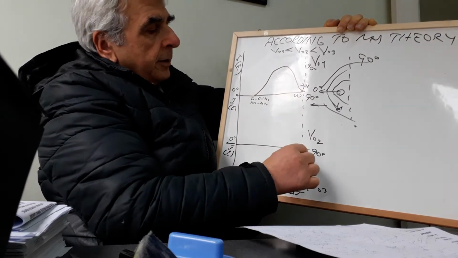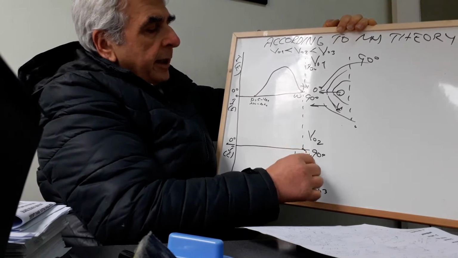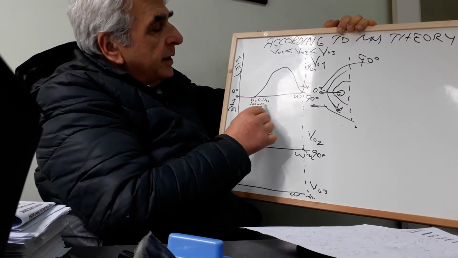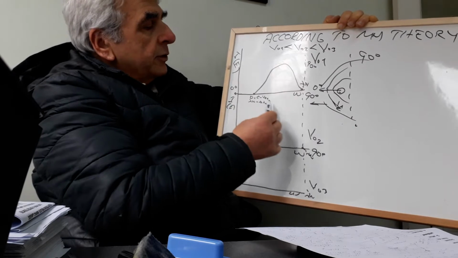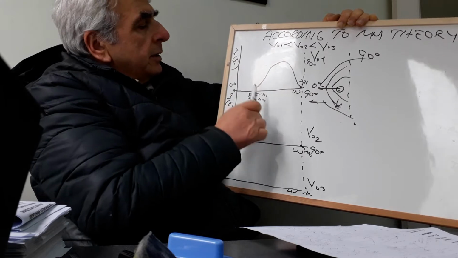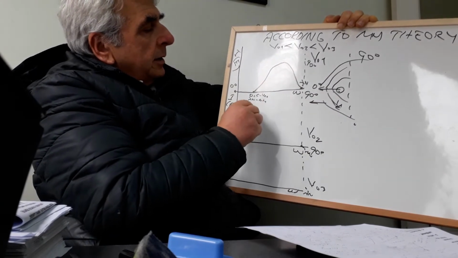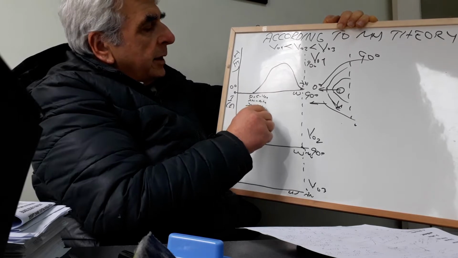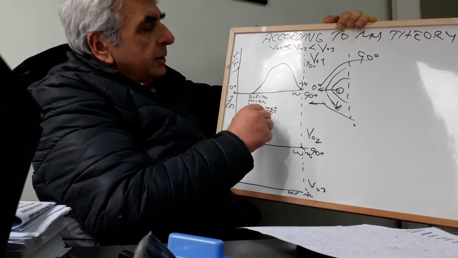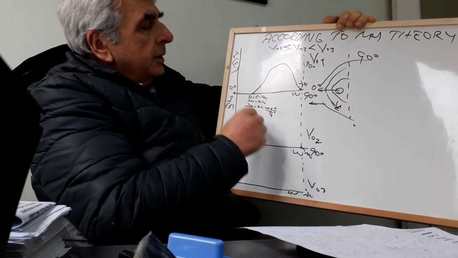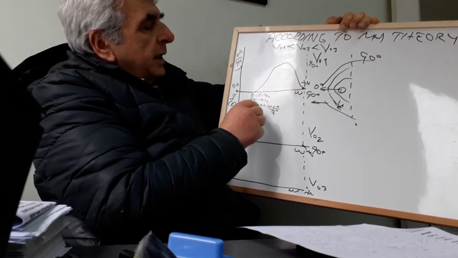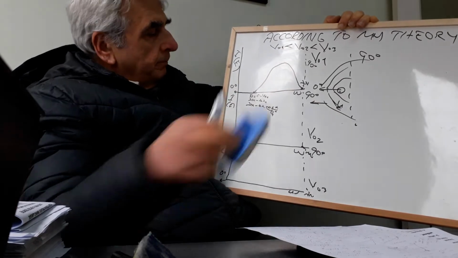According to my theory, this point is lambda n minus delta lambda cosine alpha. But in this direction, at 0°, cosine equals 1, so the result is lambda n minus delta lambda.